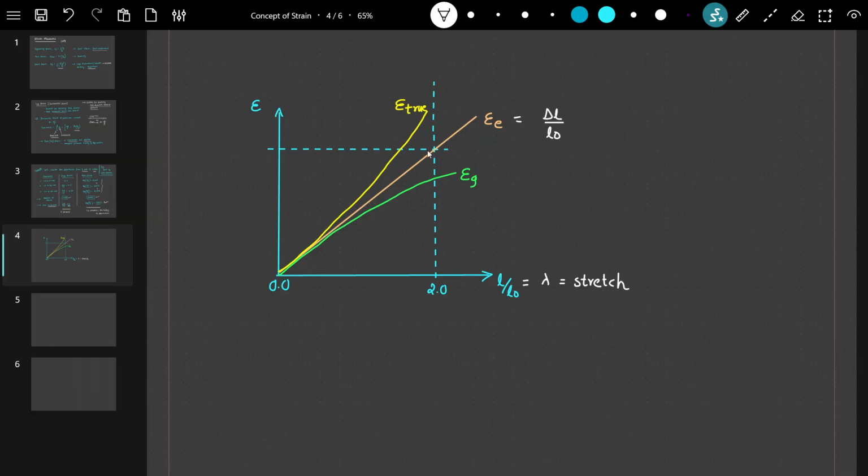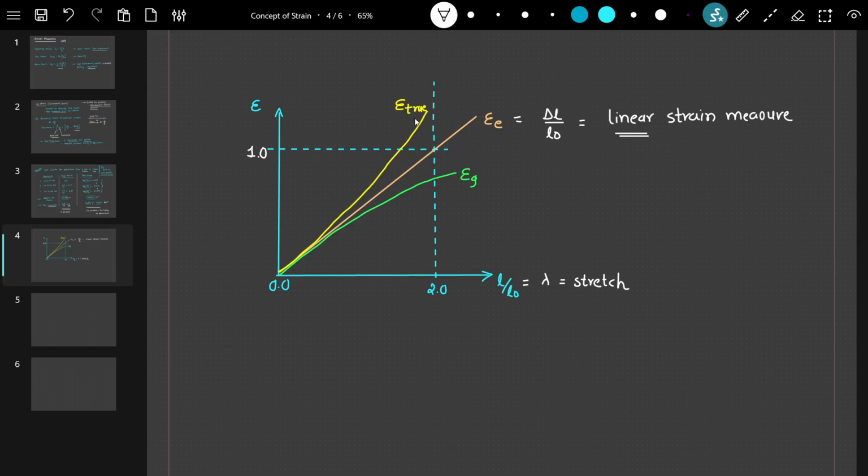So when L by L0 is 2, we get engineering strain as 1, right? So it is a linear strain measure, and that is the reason it can be used for linear static problems where there is small deformation, small displacement and small strains. So for these kinds of problems we can use the linear strain measure.